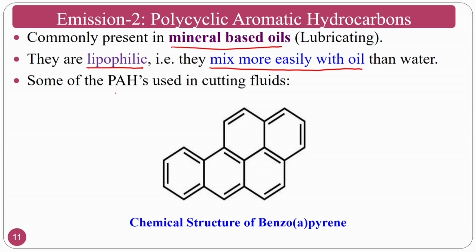Some of the PAH are benzopyrene. The structure that you are seeing here is benzopyrene, one of the common examples of PAH. Whenever I use PAH, this stands for polycyclic aromatic hydrocarbons.